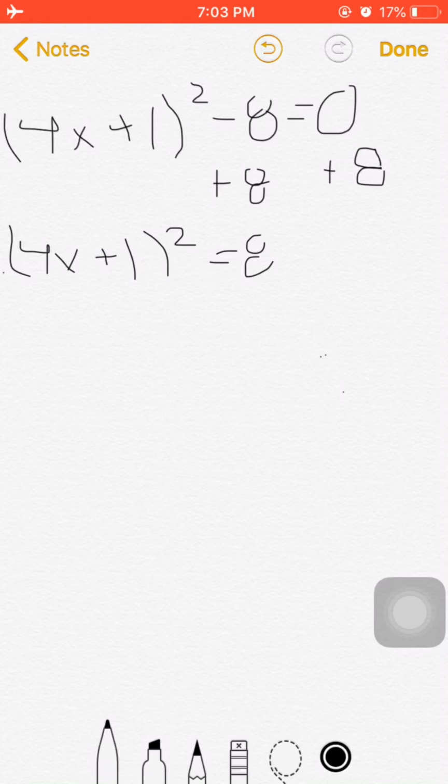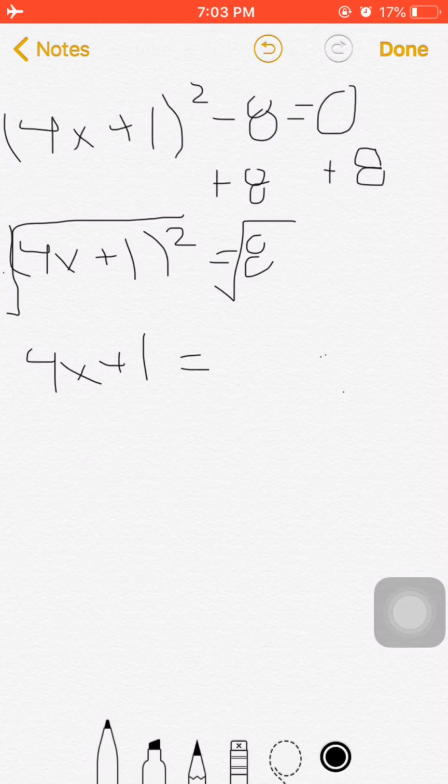So now we're trying to get rid of the square from the 4x plus 1. So in order to do that, you will use the inverse operation once again, and you will take the square root of both sides. So now you have 4x plus 1 equals, and the square root of 8 is 2 square root of 2.